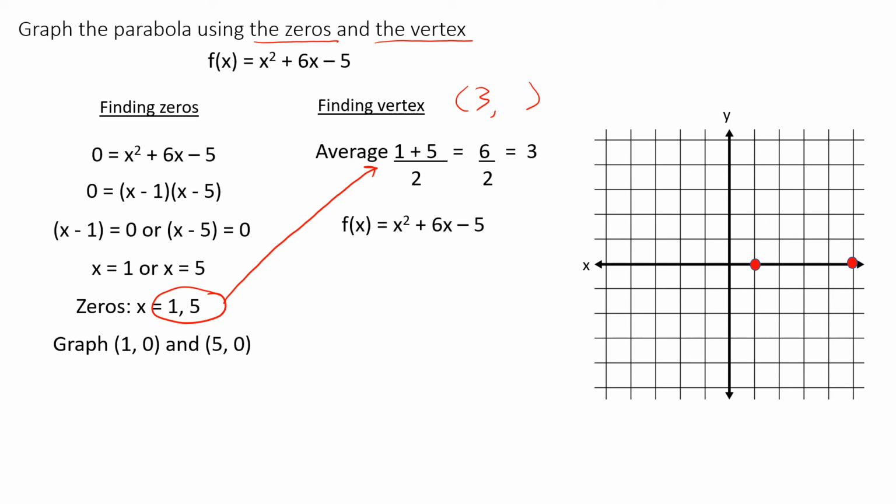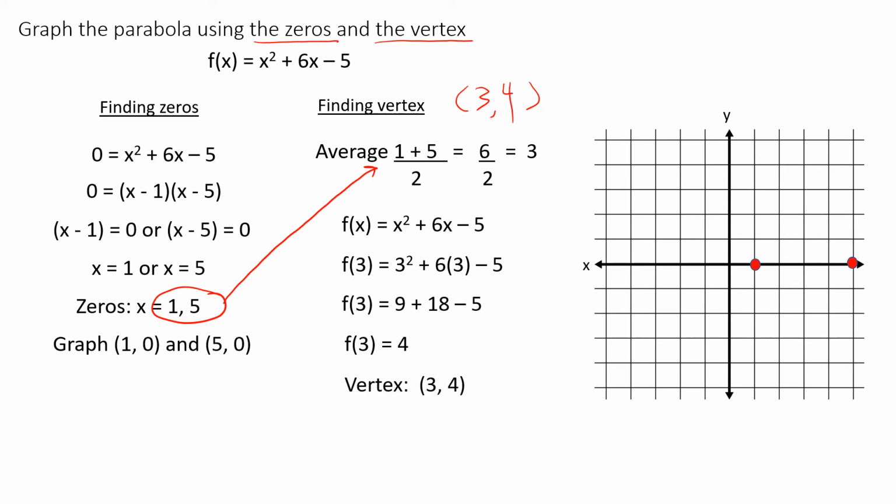But to find the y, I've got to plug in 3 for x to solve for y in my function. When we solve that, we end up with 4. So that's telling me that the y is 4. And we're going to go ahead and plug that in. That is our vertex. And so we have our vertex (3, 4).